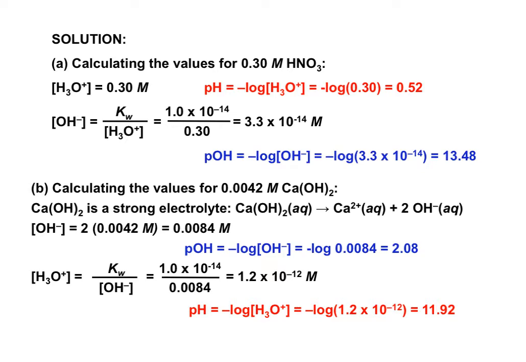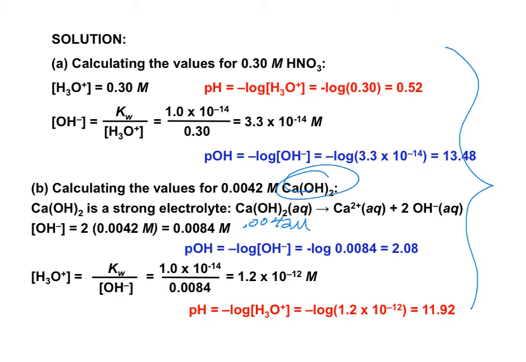Alrighty, so here's a not quite so messy version of what I crammed in on the last page, if you would like to go over it. Follow through on the calcium hydroxide. We started with 0.0042 molar calcium hydroxide, treating it as a strong base.